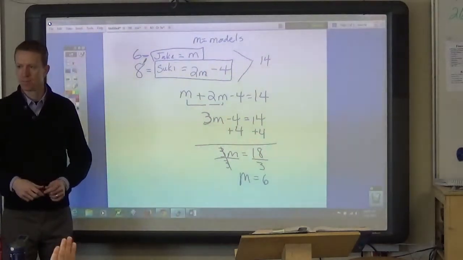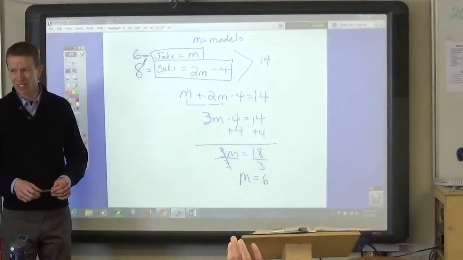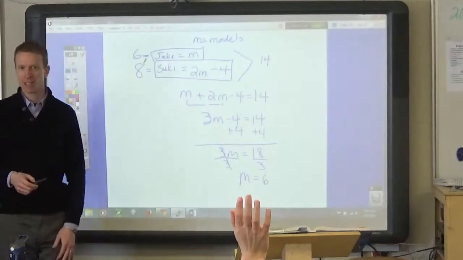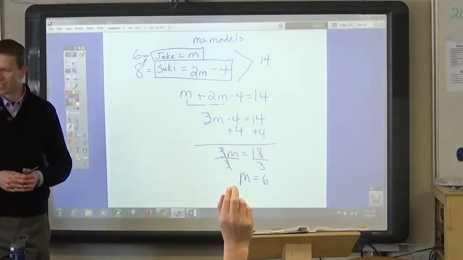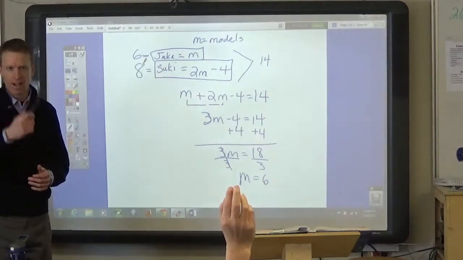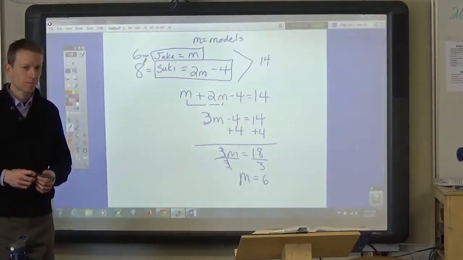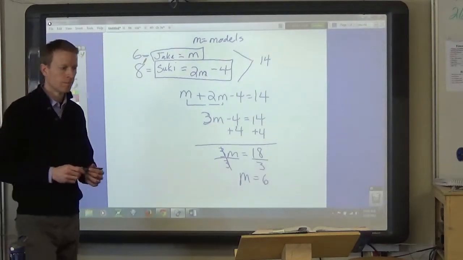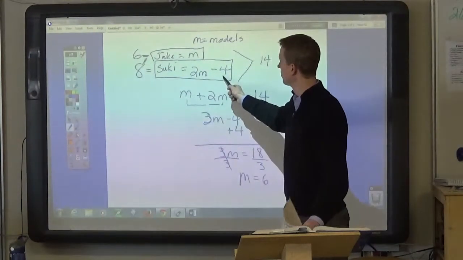Yes? That's not going to help you learn how to solve an equation. Again, you might be able to get it by guessing and checking, but that's not going to help you to solve an equation. All right? If it says in the problem, Suki has 4 fewer than twice as many, doesn't that mean that Suki has less than Jake?